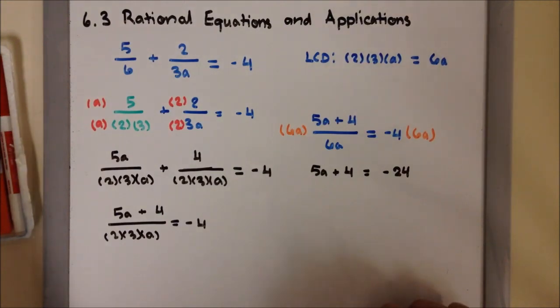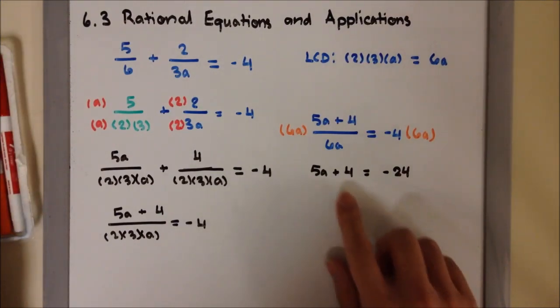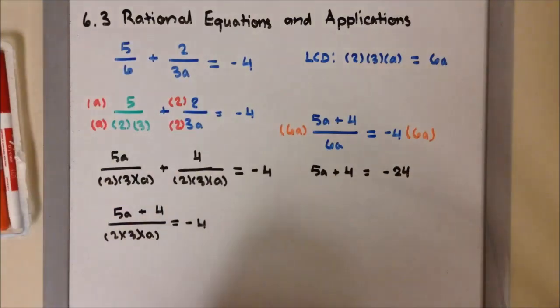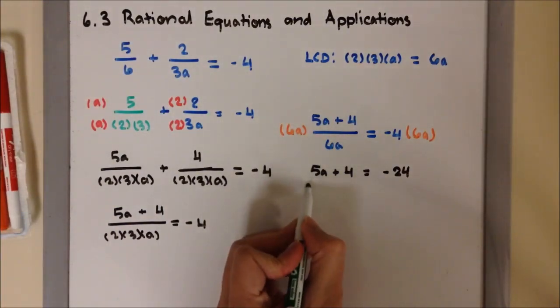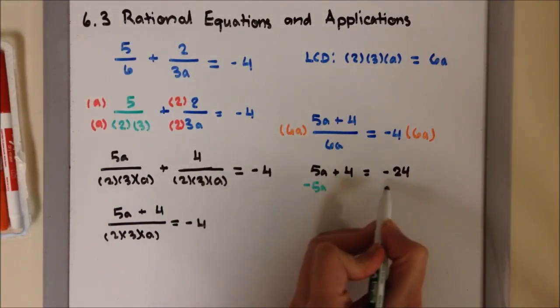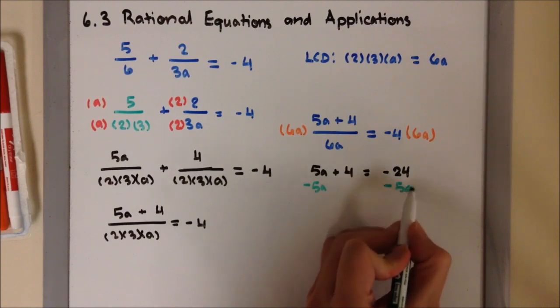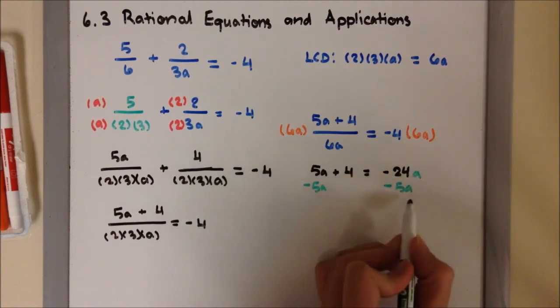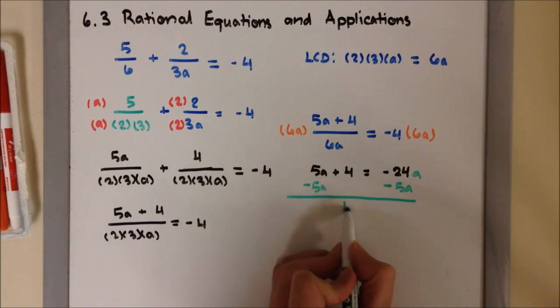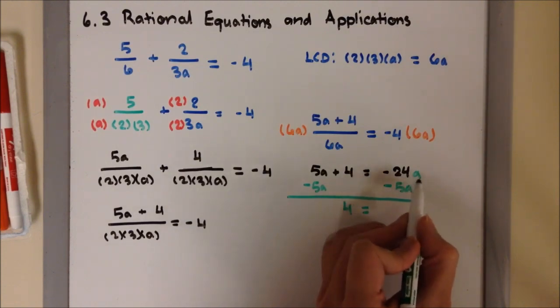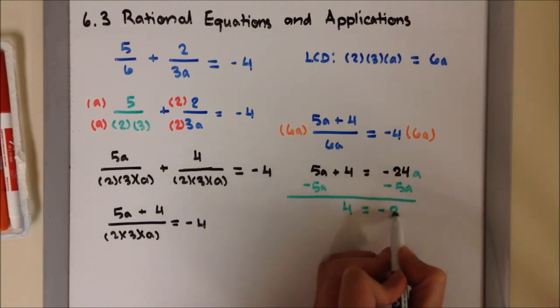From there, I'm going to cancel out the 5a so that I get 4 by itself. Minus 5a, minus 5a. Sorry, I'm missing that a right here. So 4 equals negative 24a minus 5a, which is negative 29a.